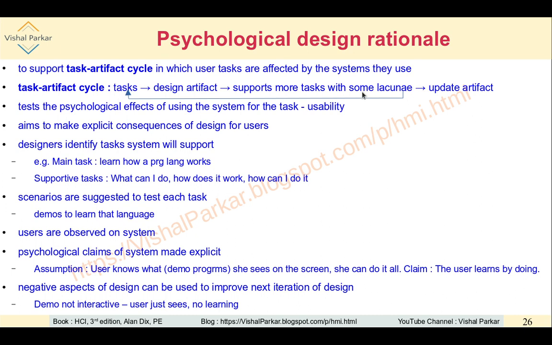Some additional tasks are also satisfied by the same artifact in addition to the main task, but the additional tasks are supported with some lacunae, we can say, some limitations. And to make it possible to implement those tasks in the same product, we update the design of that artifact, the product. And whenever that product is updated, the design is updated.